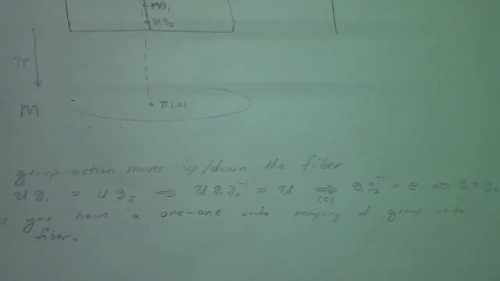So these two points in the fiber over pi of u are equal if and only if the group elements g1 and g2 are equal, which means that there's a one-to-one correspondence between that fiber and the group. Does that make sense? Yeah.